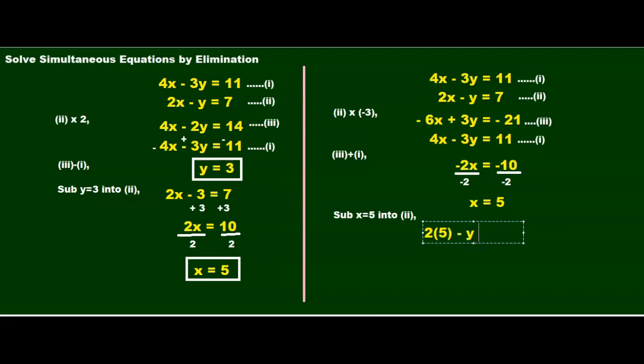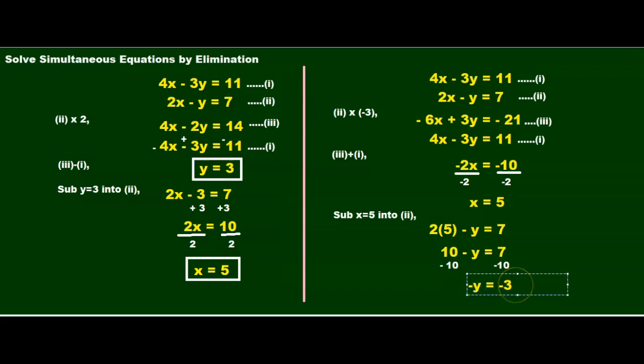That gives me 10 minus y equals 7. Simplified out 2 times 5. Now we're going to minus 10 on both sides. And that leaves me with negative y equals negative 3.